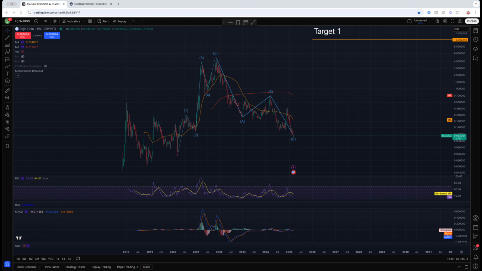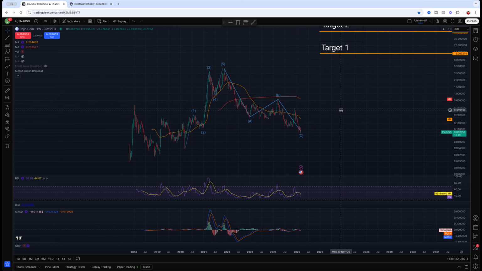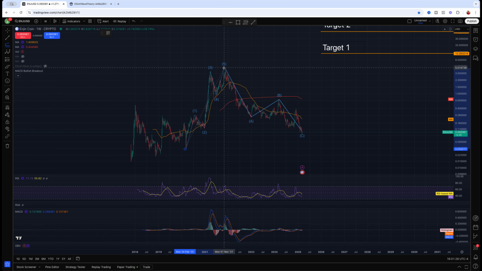As I mentioned, Elliott Wave uses Fibonacci in its strategy to show different targets and retracement. So I'm going to use a trend-based Fibonacci. When we have a wave 2 going into a wave 3, what we can do is measure from the bottom of wave 1 to the top of wave 1.